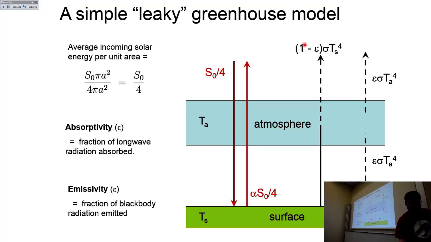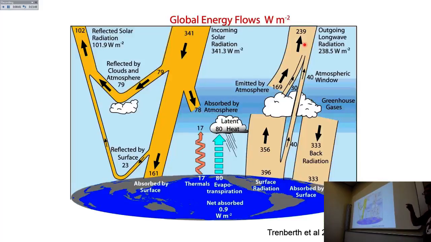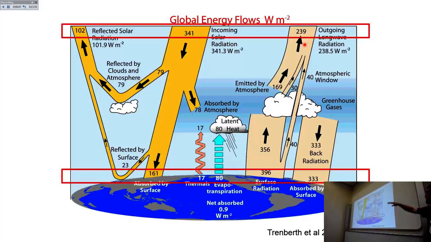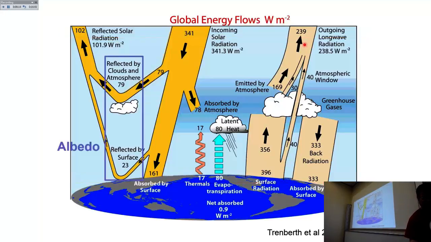So what we do now, okay, so that's explained those things there, is we think about, can we now do the same kind of balance as we did for the simple model by just looking at the top of the atmosphere and at the bottom of the atmosphere? Can we balance all of the fluxes of radiation?